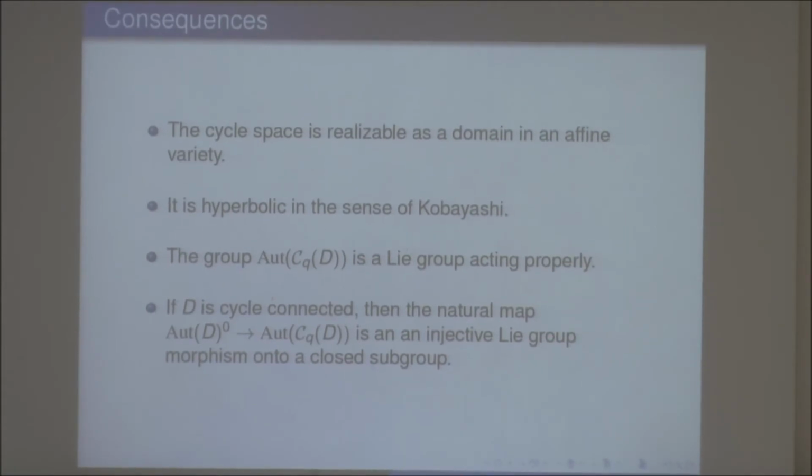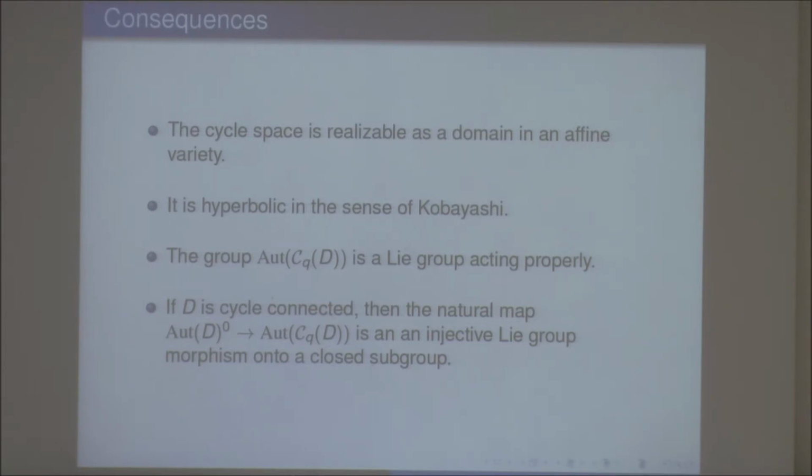Now, it took me a long time to prove the last part. This is the main theorem in the paper in the American Journal rather recently: in the case it's cycle connected, the natural map from the automorphism group of the domain to the automorphism group of the cycle space is injective.